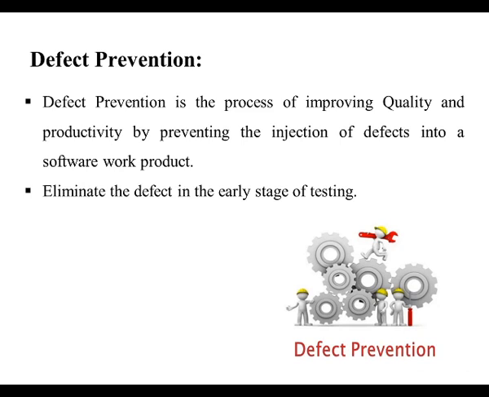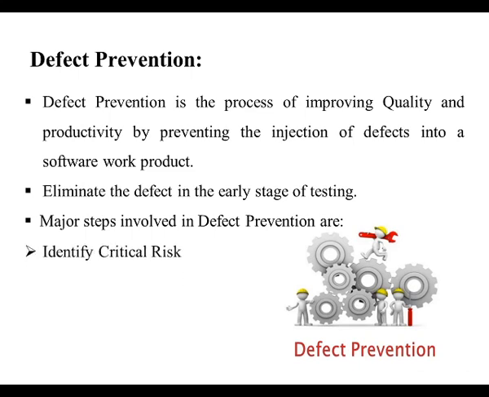This method is also cost effective, as the cost required for fixing defects found in the early stages of testing is very low. The major steps involved in defect prevention are: first, identify the critical risk.